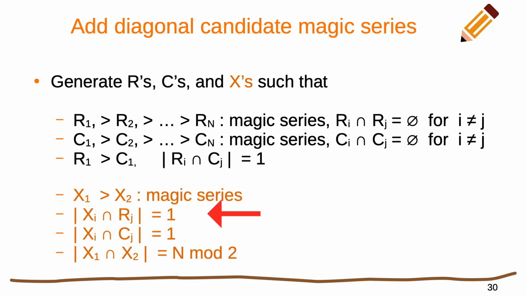They must have only one element in common with each row and with each column. In addition, x1 and x2 must share no element when n is even and exactly one element when n is odd. To eliminate a part of trivial duplicates, we impose the technical constraint that x1 should be greater than x2.